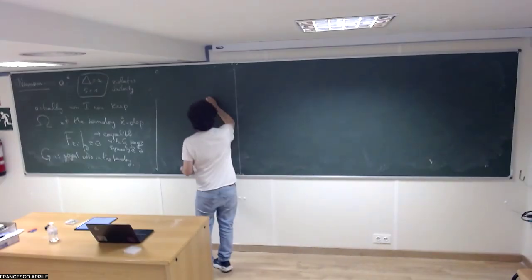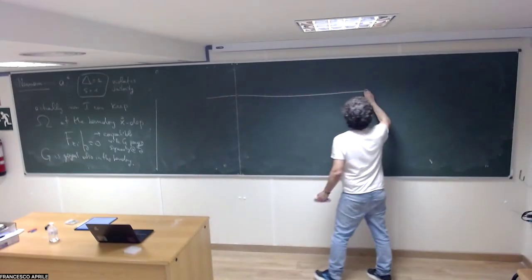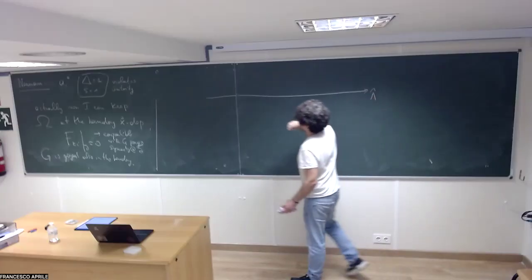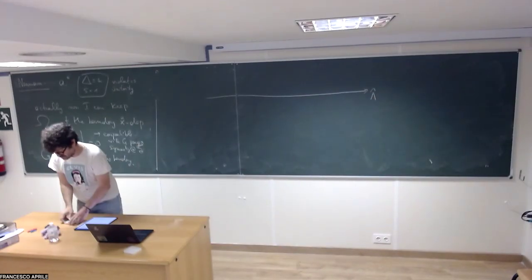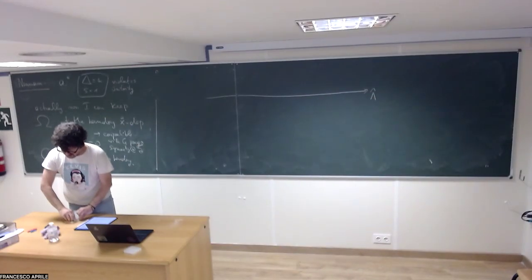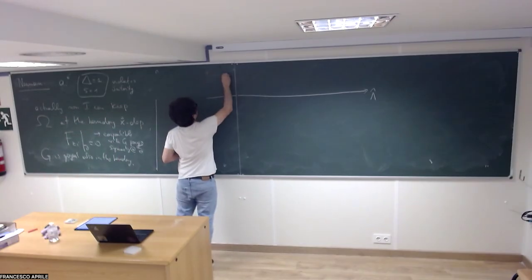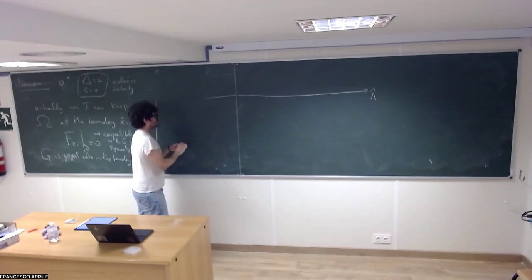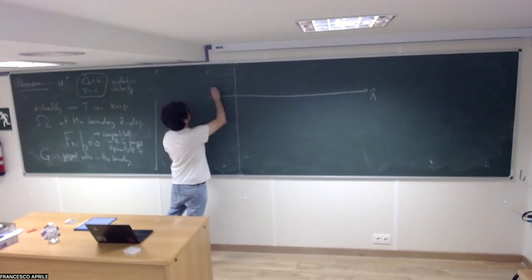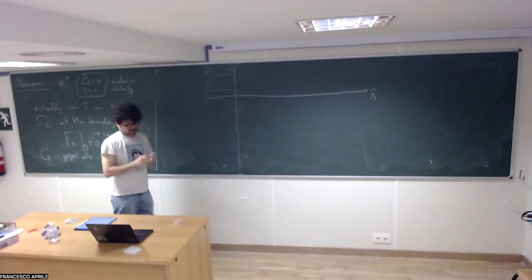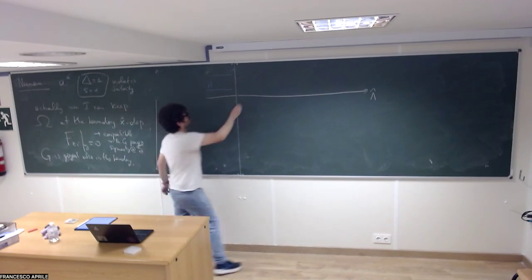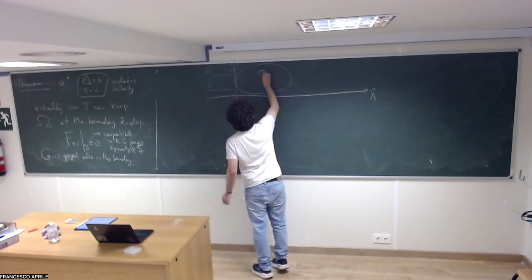So now we can draw again our plot as a function of this lambda. Okay, and now we can populate also the free part. So in the free part, we have this Dirichlet boundary condition. We have the Neumann boundary condition. Okay, and then there is some mysterious blob here.